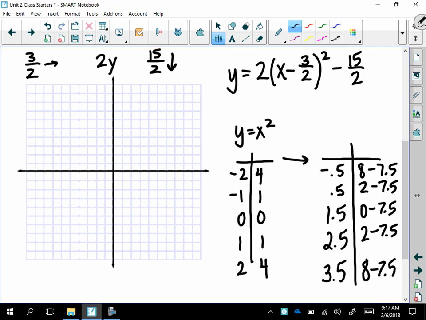And again, you don't have to write all this out like I'm doing. You can do it straight from the graph if you're a little bit more of a visual person. Doesn't matter to me. That first point's at negative 1/2, and then 8 minus 7.5 would be 0.5. Next point is 1/2. And then 2 minus 7.5 would be negative 5.5.